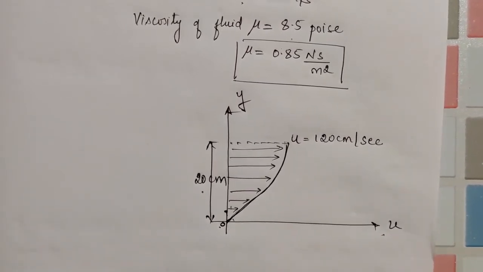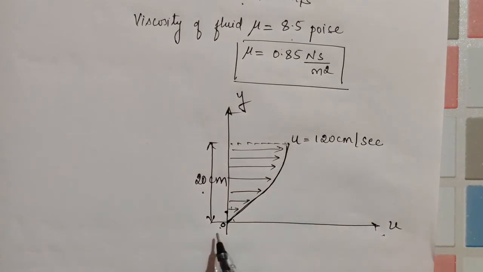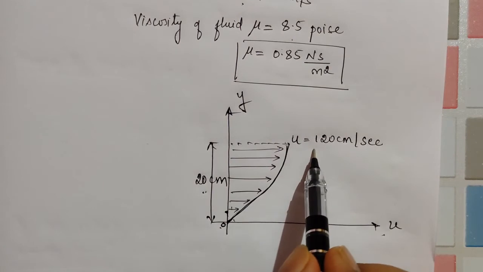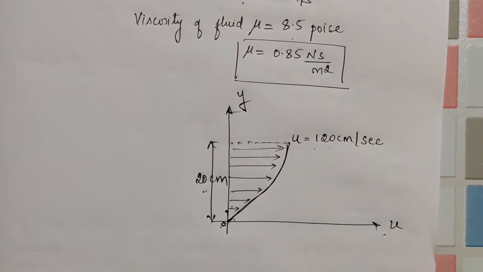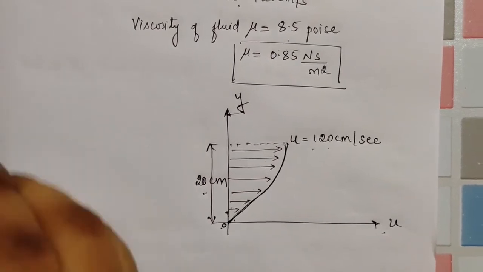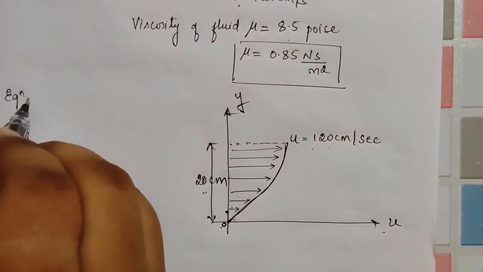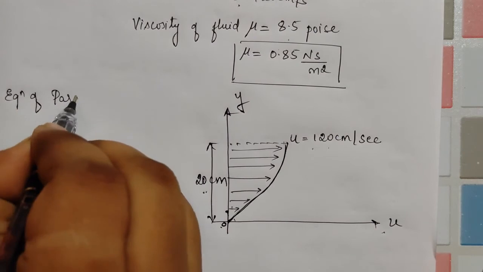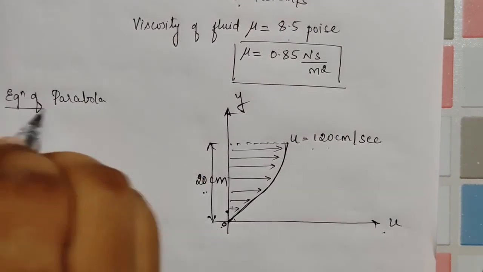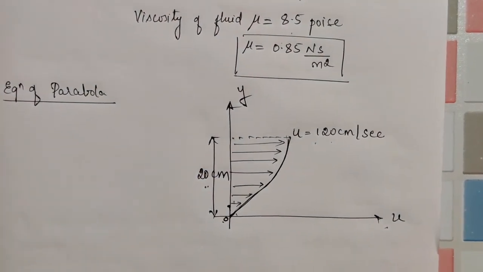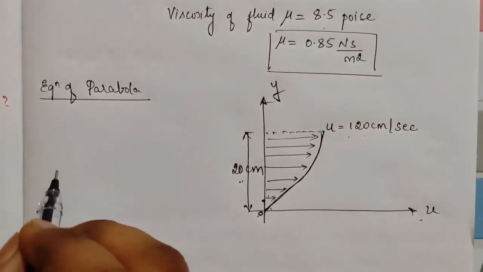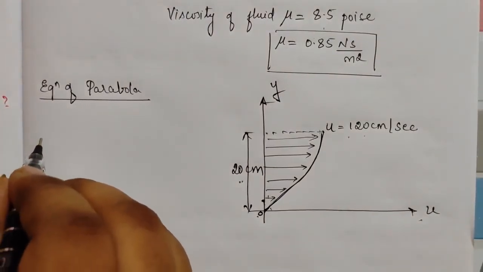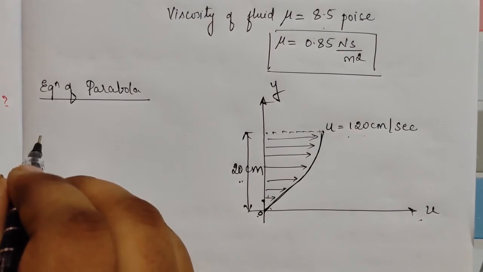So they directly gave that it is a parabolic variation. At 20 centimeter the velocity is 120 centimeter per second. Then what do we have to do? We must know the equation of a parabola.